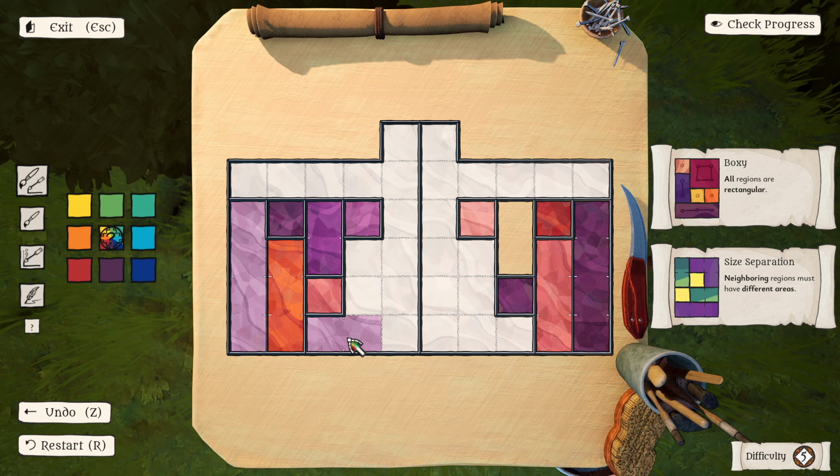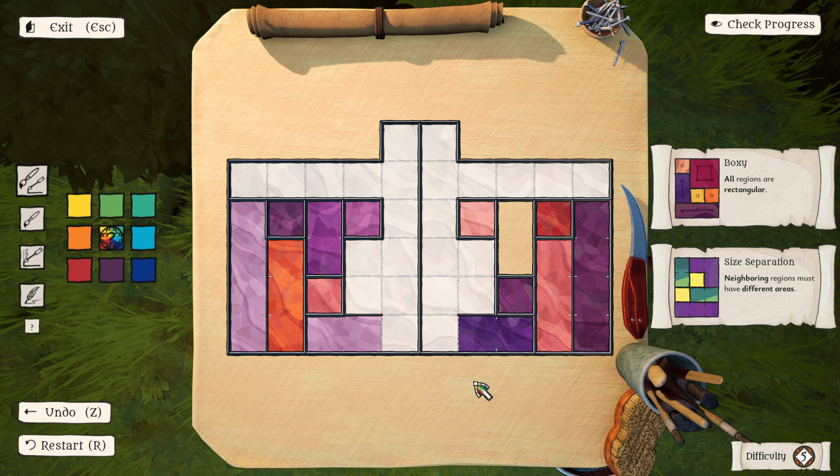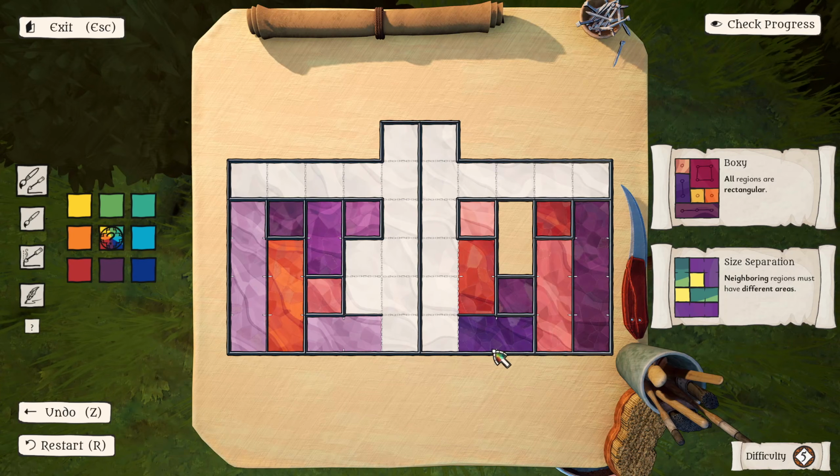This must come to there, that gets a line. This must come to there, that gets a line. This can be a 2. But this is already a 3. So we can't have 3, 2, 2.